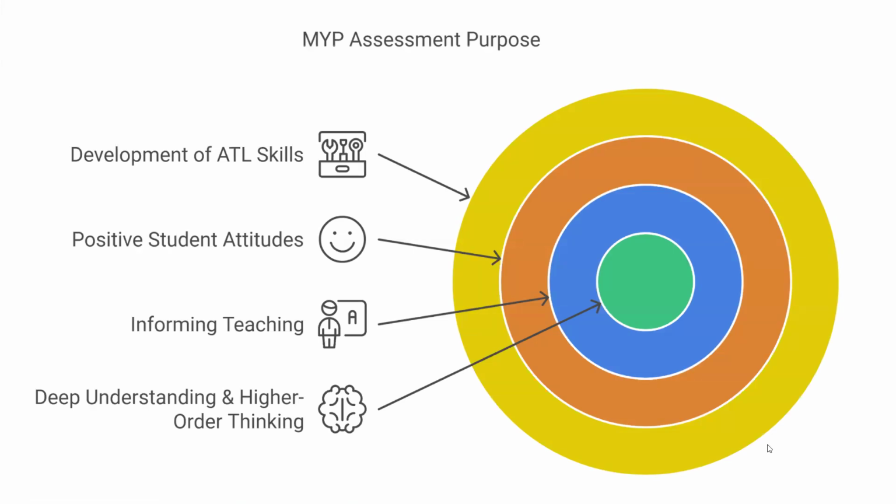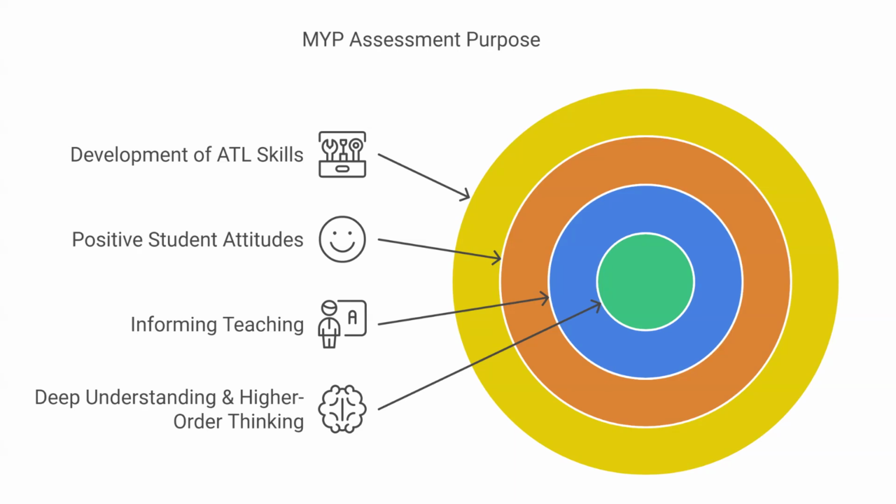So, what is the purpose of assessments in the MYP? The main purpose are these four things that you can see in the image. The very first thing is that we need to ensure that we are developing the ATL skills of our students.